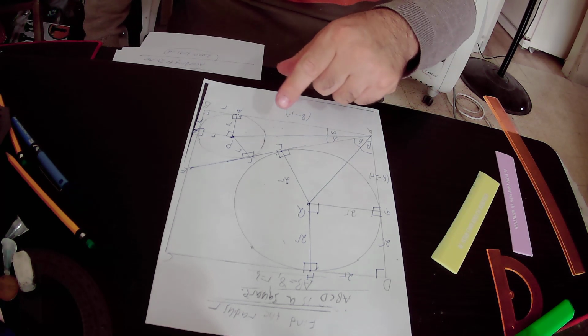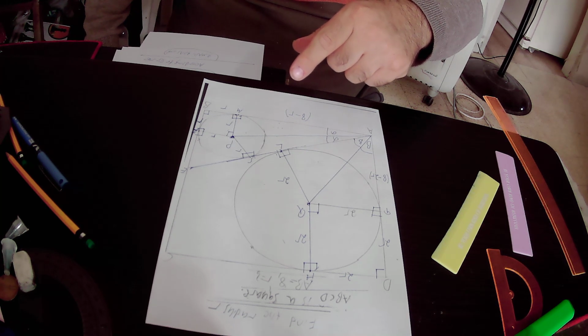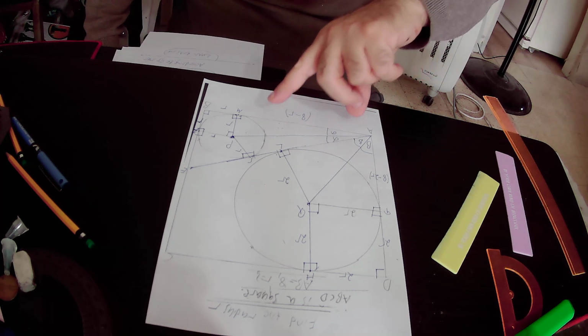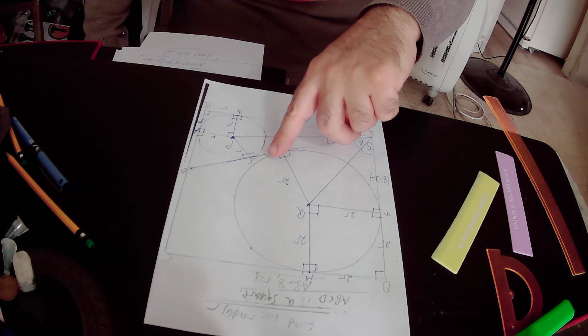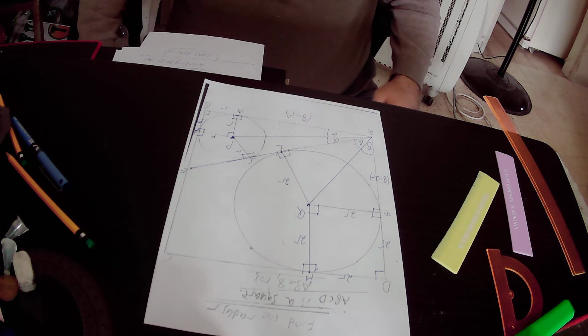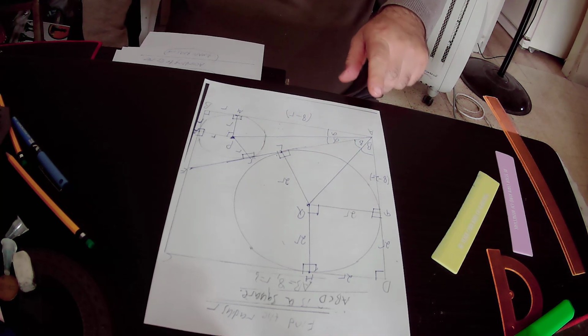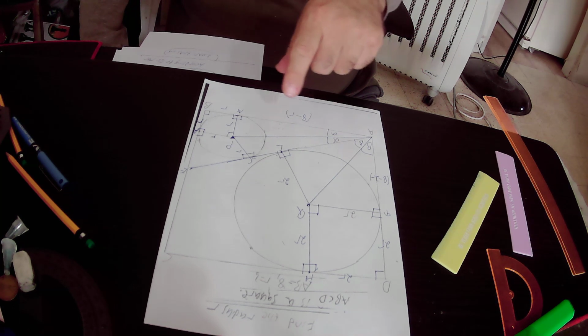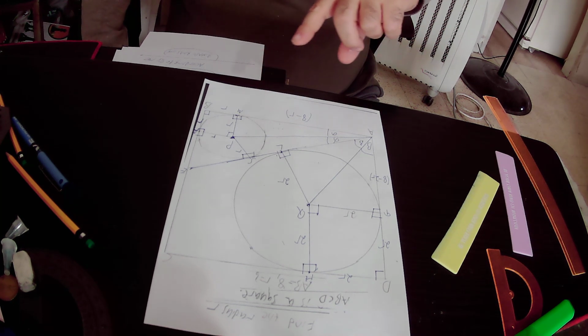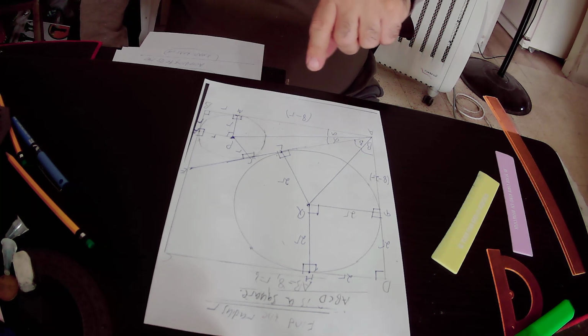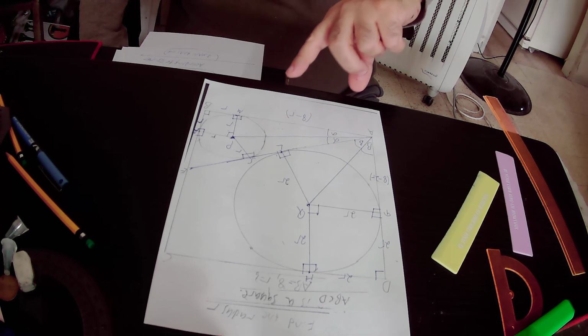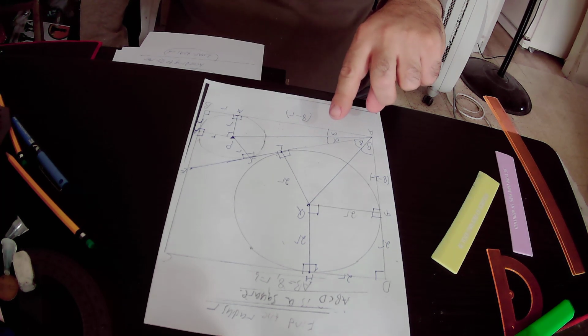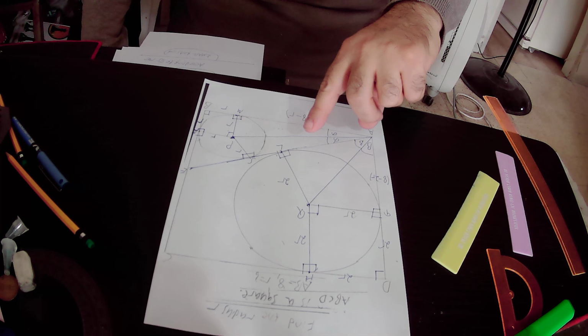Here AM equals AS according to rule number 2, because from an external point we draw two tangents to the small circle, therefore their lengths are equal to each other, that is to say AM equals AS.